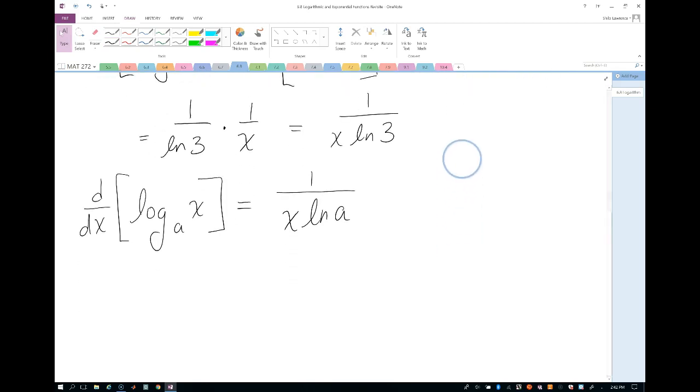You also need to keep in mind here all of your special derivative rules from Calculus 1. And that was our product rule, our quotient rule, and our chain rule.